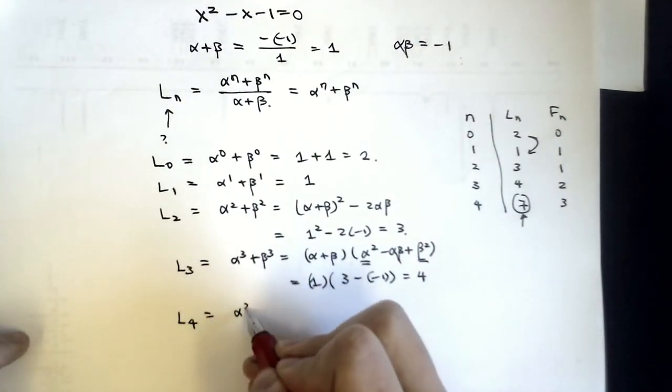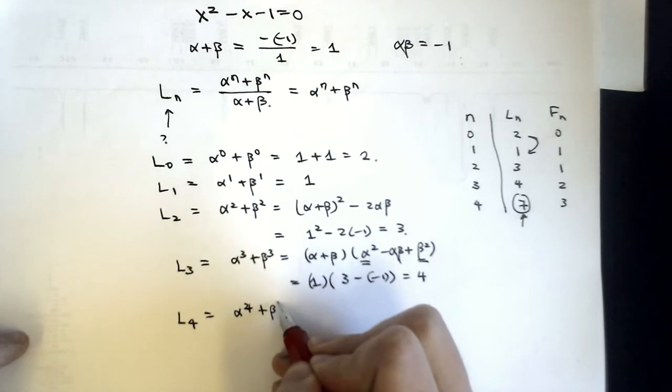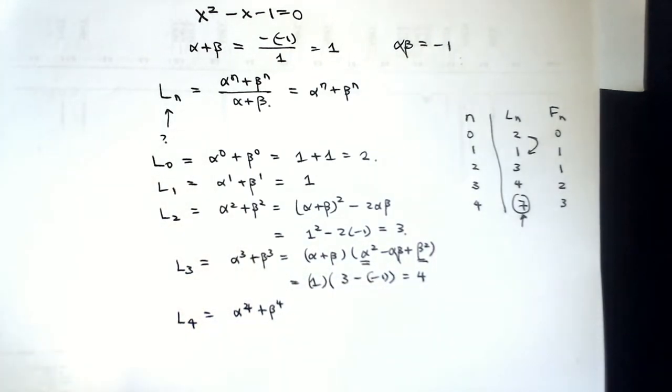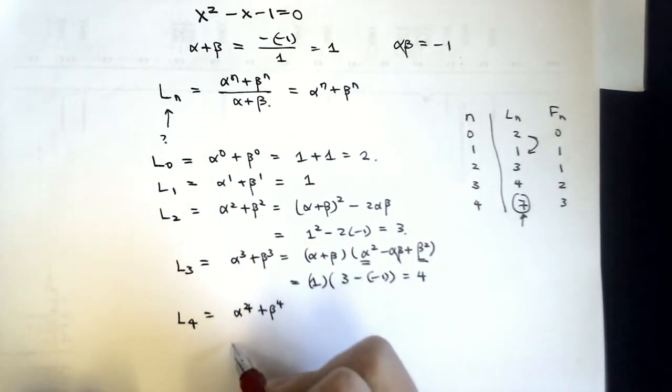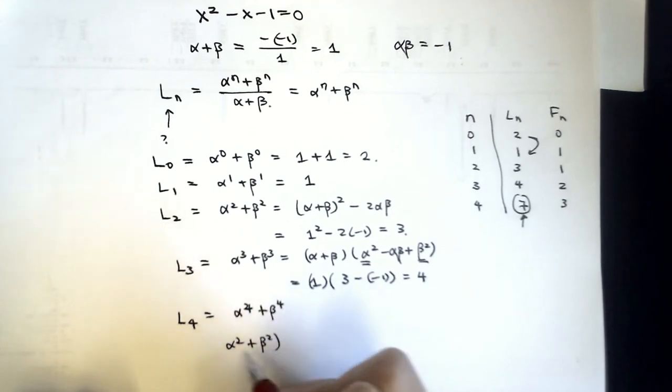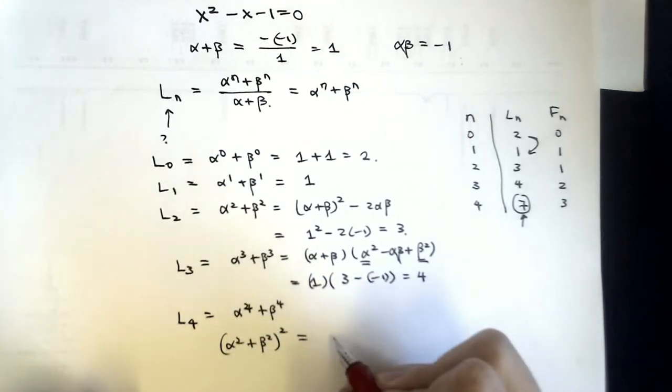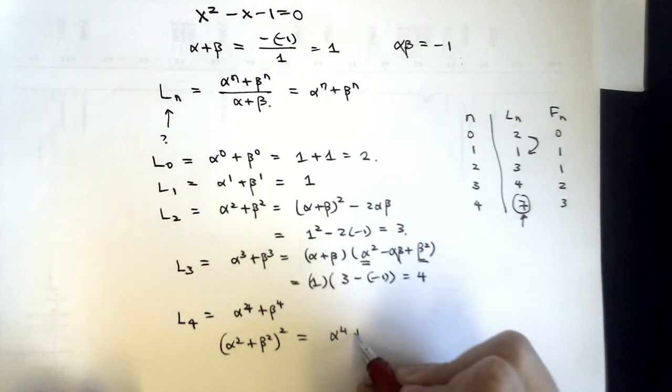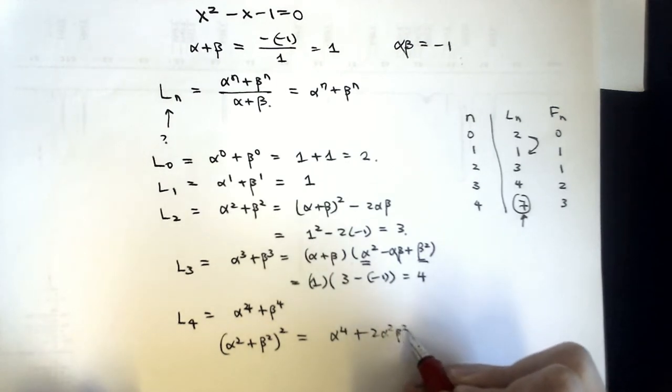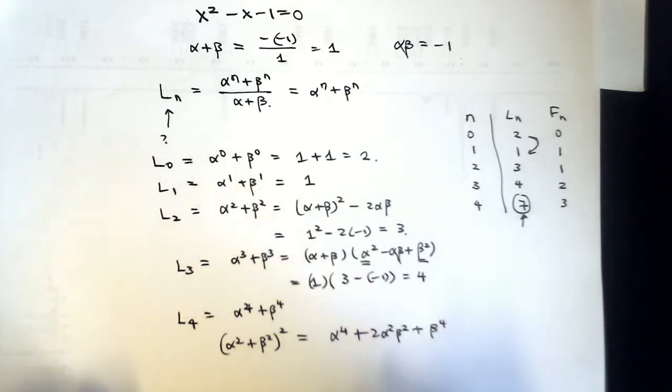L4 will be alpha to the power of 4 plus beta to the power of 4. How do we proceed? We consider alpha square plus beta square, all squared, is equal to alpha 4 plus 2 alpha square beta square plus beta 4. This is what we want.